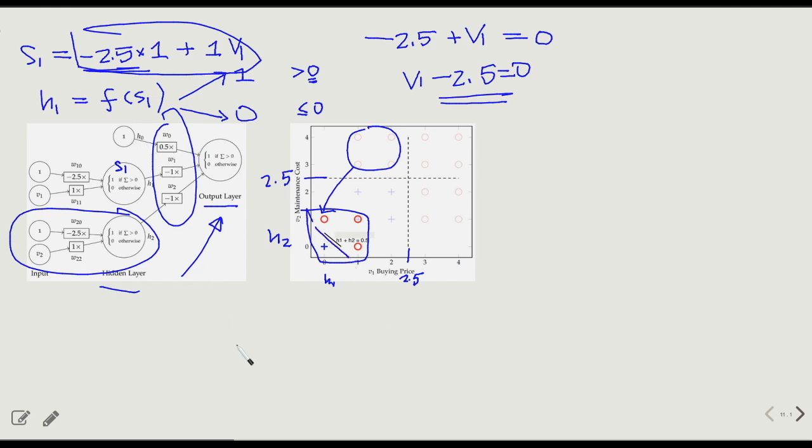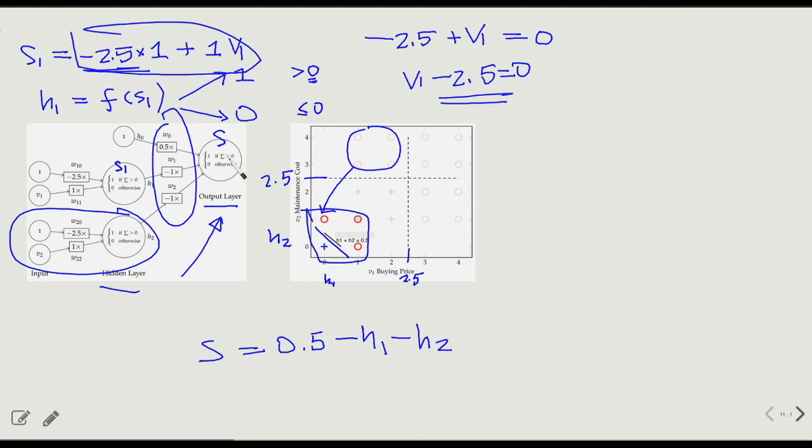So let's take a look again. So this is essentially the sum S at the output layer: H0 times W0. So this is essentially W0, which is 0.5. So we have 0.5 there, plus minus 1 times H1. So this is actually minus H1, plus minus 1 times H2. This is essentially minus H2.